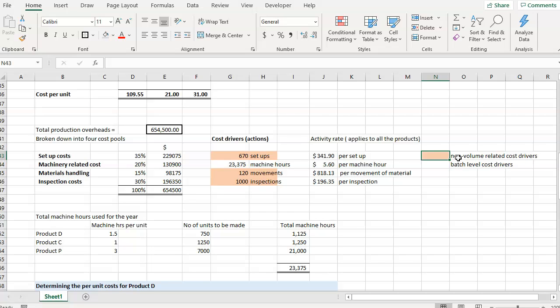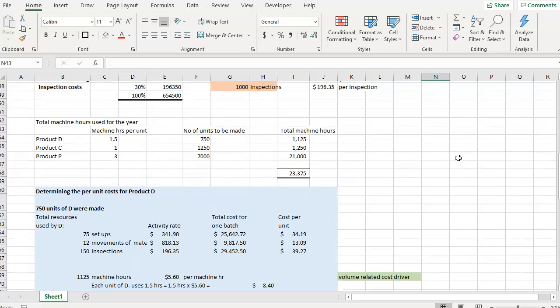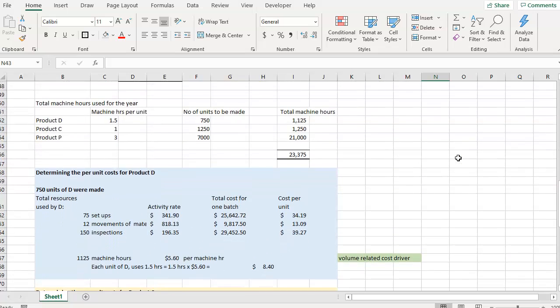So you have to identify which drivers are non-volume related, because their calculation follows what we just did, where we found the total activity multiplied by the rate to get an overall cost for all 750 units, then divided through by 750 to get a final figure.